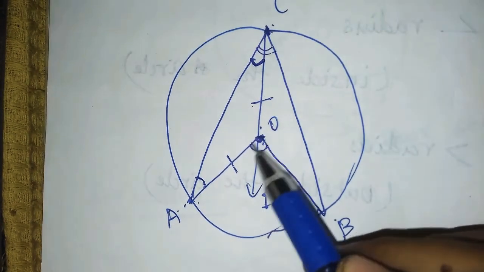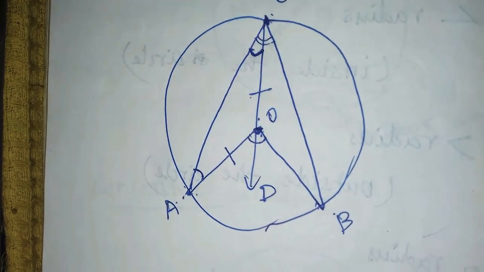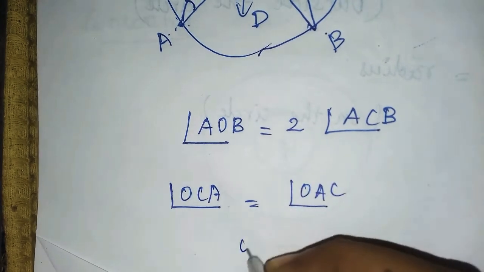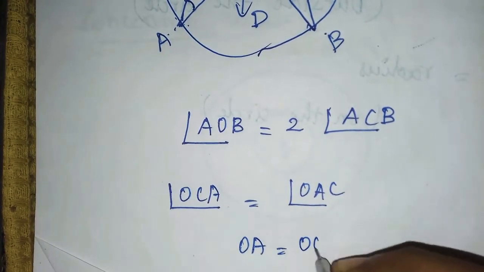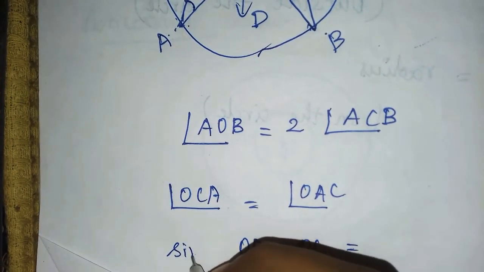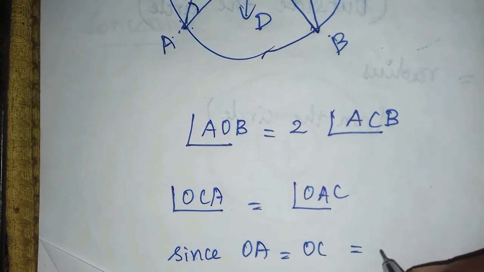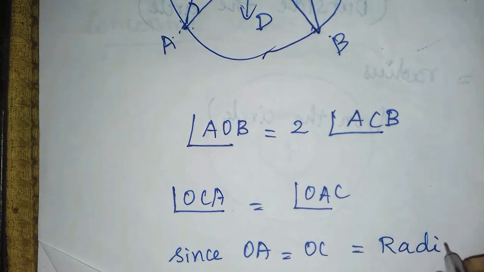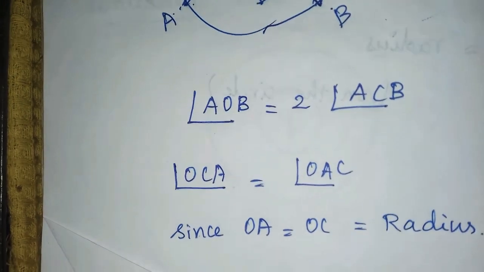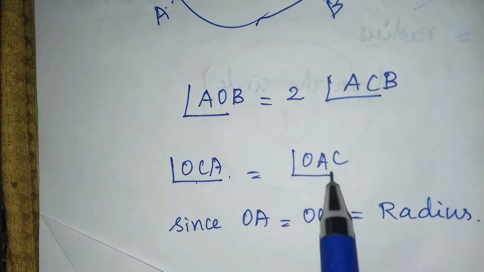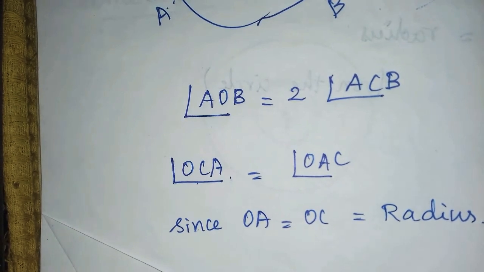OC and OA are radii. So these two sides are equal, OA is equal to OC. Since sides OA and OC are equal because the two are radii, angle OCA is equal to angle OAC. We found this. Can you understand till this?